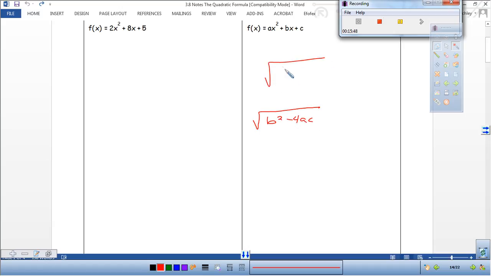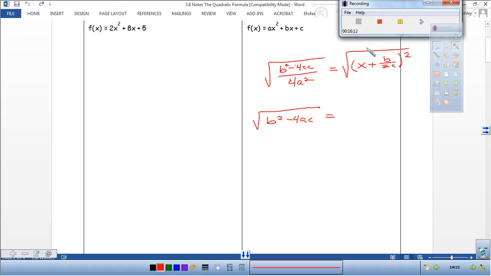I'm going to rewrite it up here, the b squared minus. Okay, so I'm square rooting that. Don't need to rewrite this. This is the same thing you just had. Okay? This is what we're going to rewrite right here.